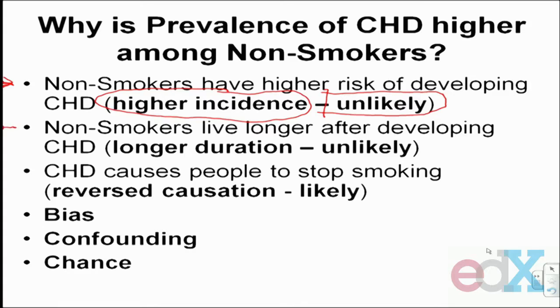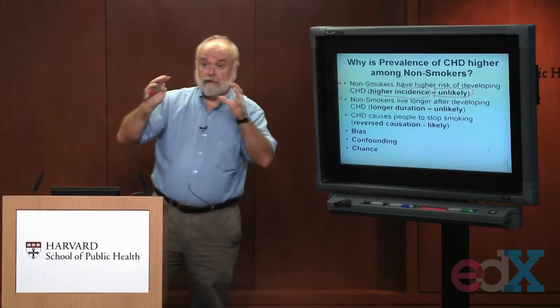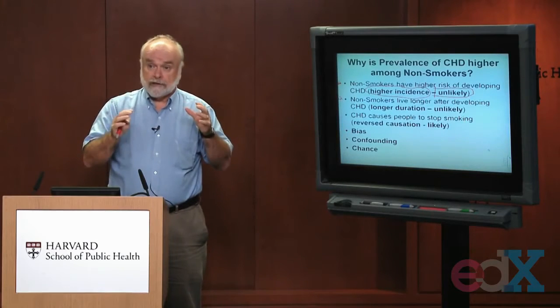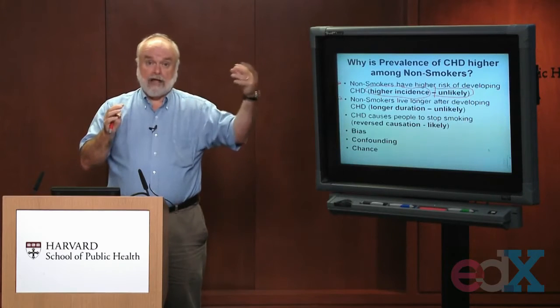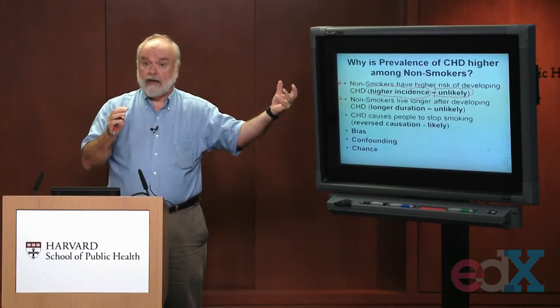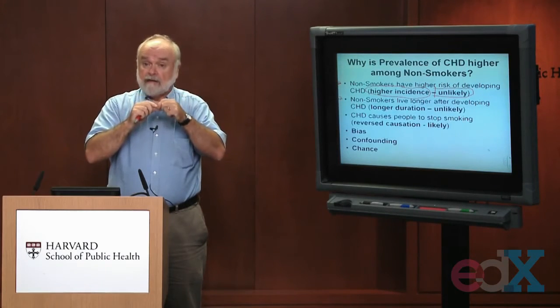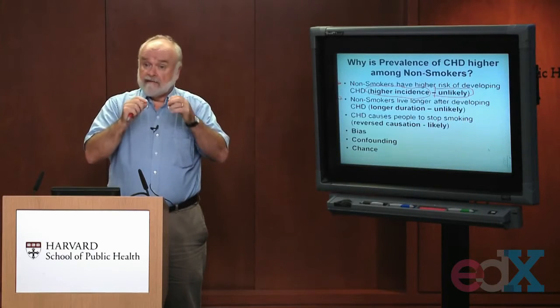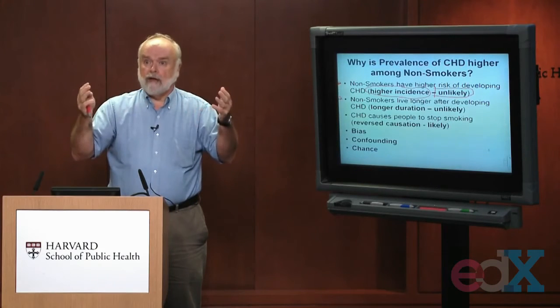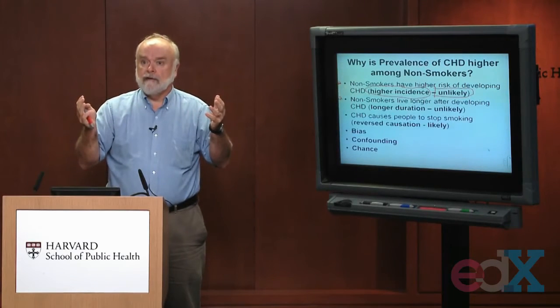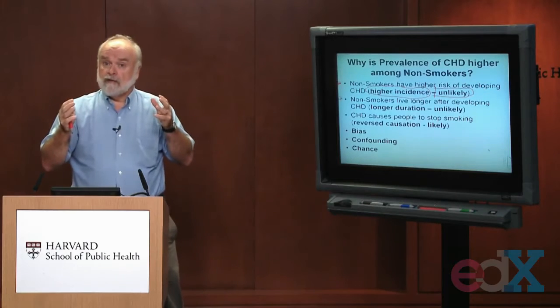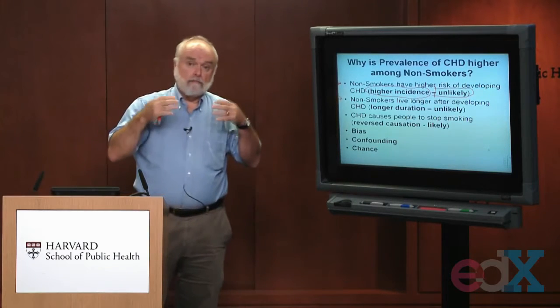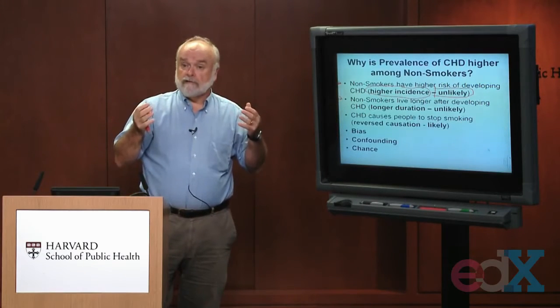Another one is that since prevalence depends on how much disease exists in a population, it requires that people had to be diagnosed with heart disease in the past and still be alive in 1956 to be at that examination and answer, yes, I have been diagnosed with heart disease in the past. Maybe the non-smokers have heart disease that's milder than the smokers' heart disease.